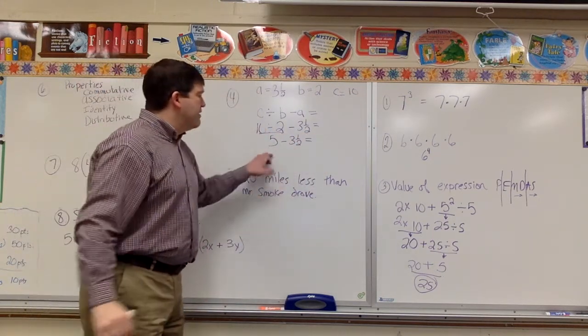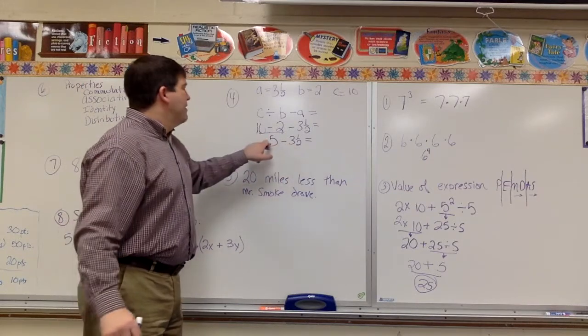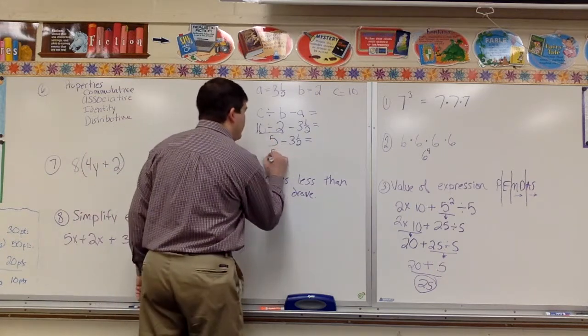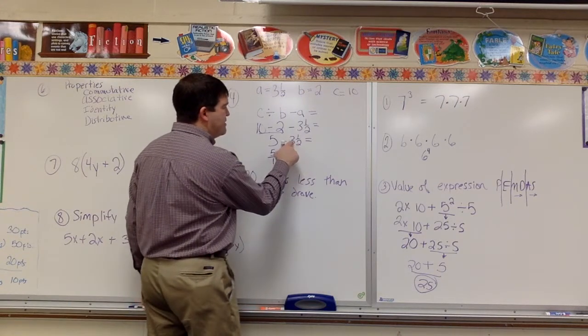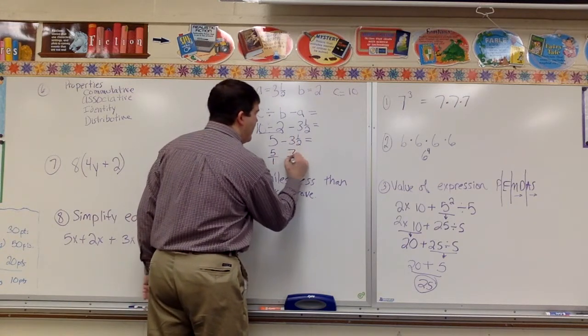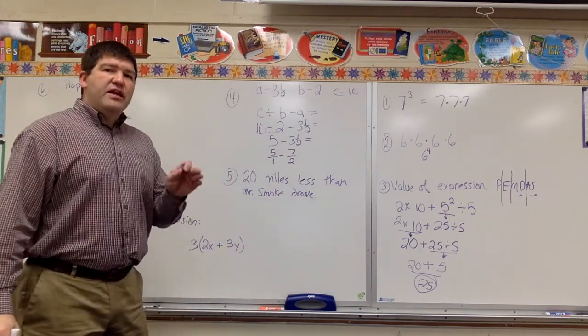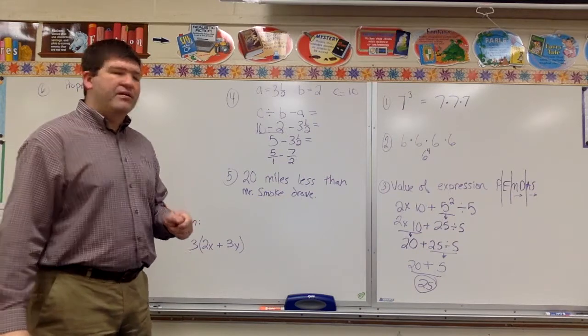And you might have one like this, where you have a mixed number. Now, if I have this, I want to make them both into fractions. 5 is going to be 5 over 1, and this is going to be 3 times 2 is 6 plus 1, 7 halves. Now, for subtraction of fractions, I need a common denominator.